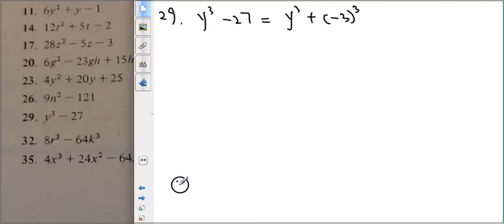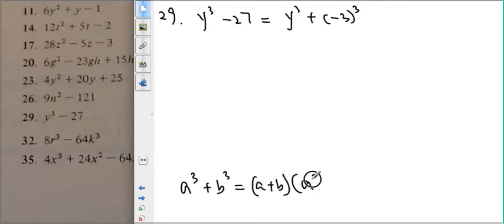Just for your reminder, the sum of the cubes formula is a cubed plus b cubed is equal to a plus b, times a squared minus ab plus b squared. We proved this one in class. Now, what's going to be happening when you factor this one?